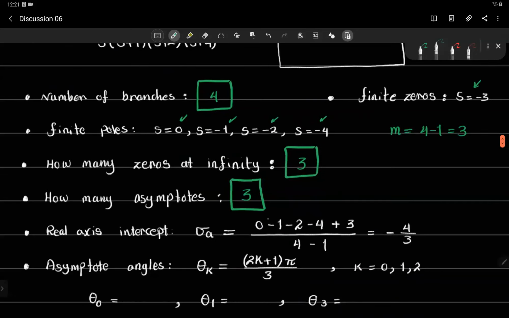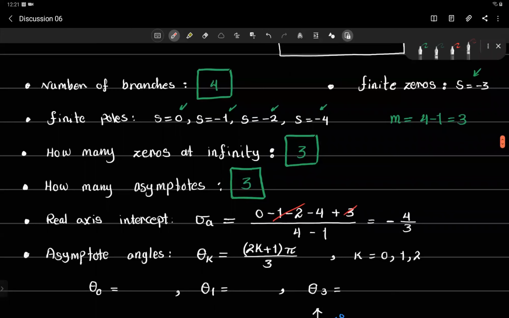In this case, we have 0 plus -1 plus -2 plus -4 and then minus -3. So that essentially gives us -1, -2, -4. So the 3 cancels with the -3 and we get -4/3. This means that all of the asymptotes of the root locus will intersect the real axis at this number here.